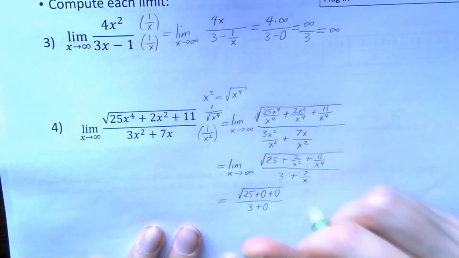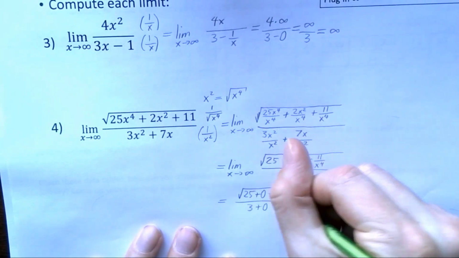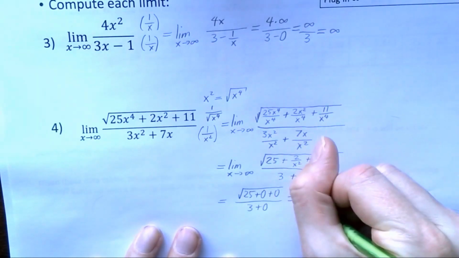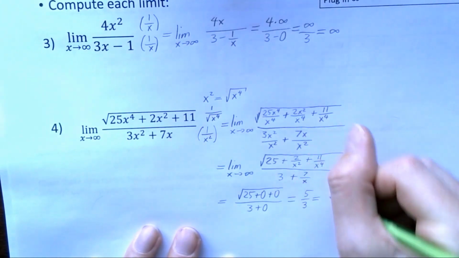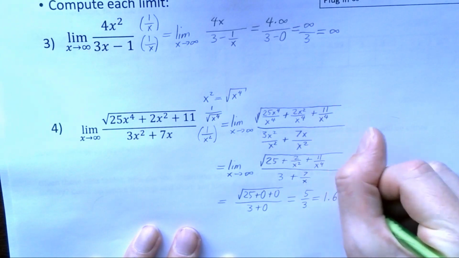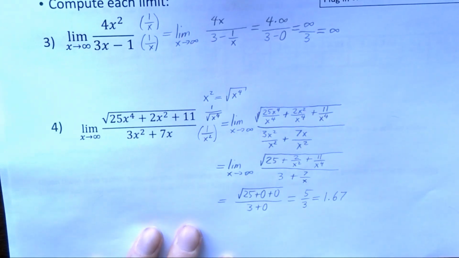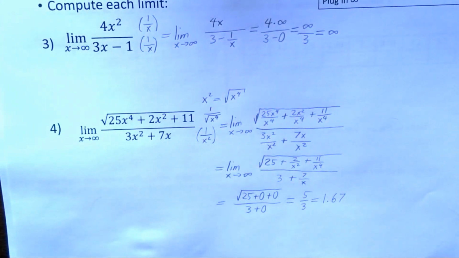The square root of 25 is 5. And then the bottom is 3, and you could leave it as a fraction, or you could rewrite this as 1.67. So that's a general way of calculating limits involving infinity being plugged in.